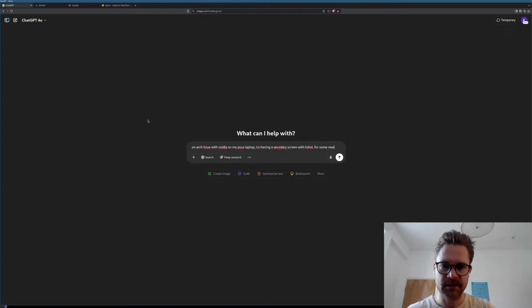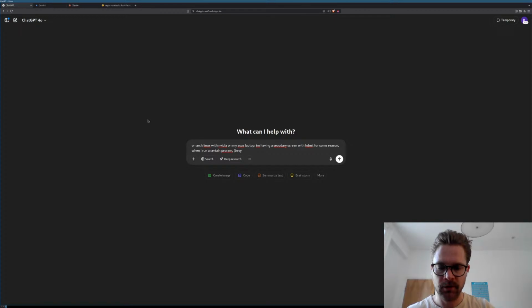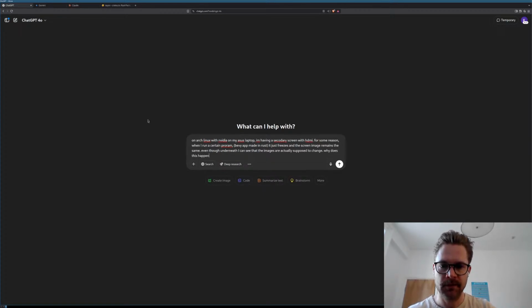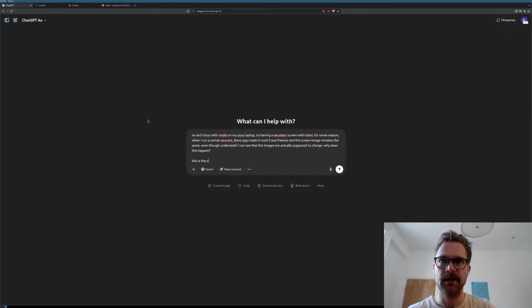For some reason, when I run a certain program, a Bevy app made in Rust, it just freezes and the screen image remains the same, even though underneath I can see that the images are actually supposed to change. Why does this happen? This is the output I found from dmesg.